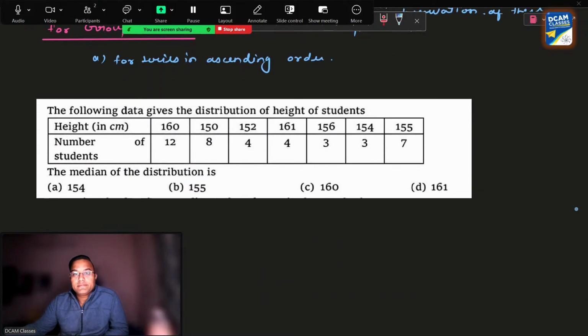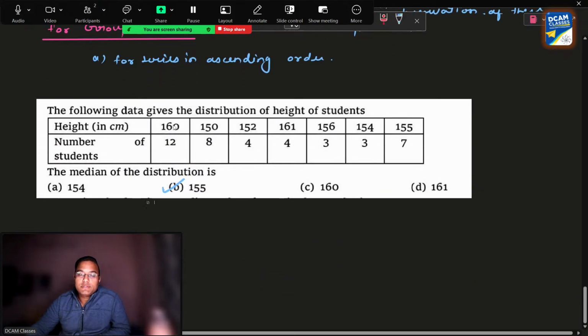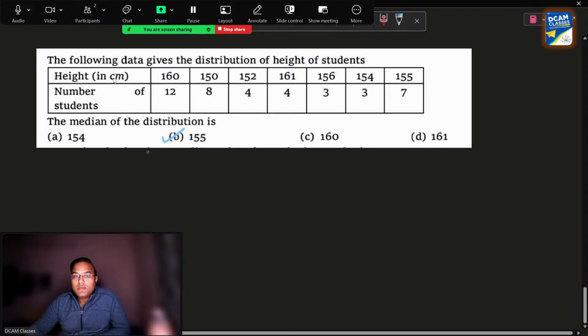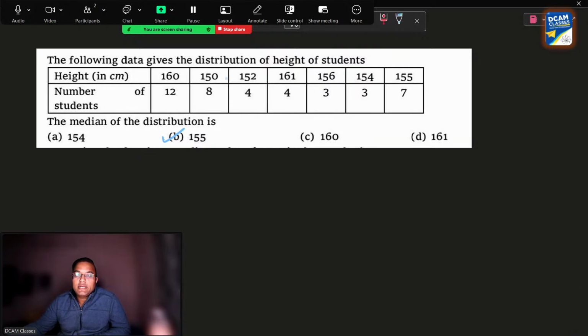Answer is correct. So let me show you how you should have done. Heights are the variables. Now you will have to write them in ascending or descending order. I'm writing in ascending order: 150, 152, 154, 155, 156, 160, 161, correct na?